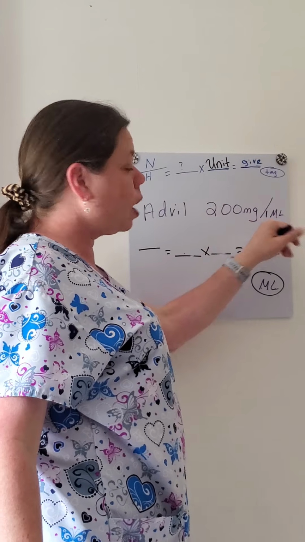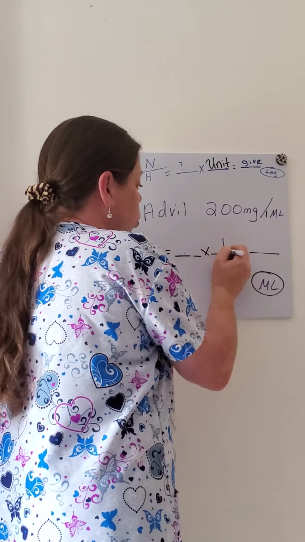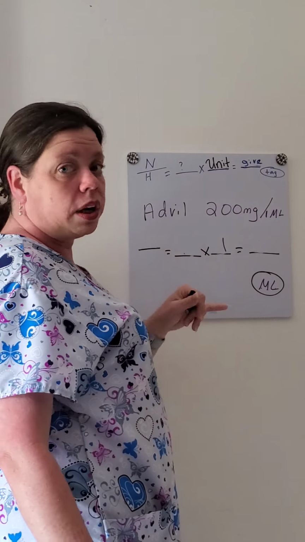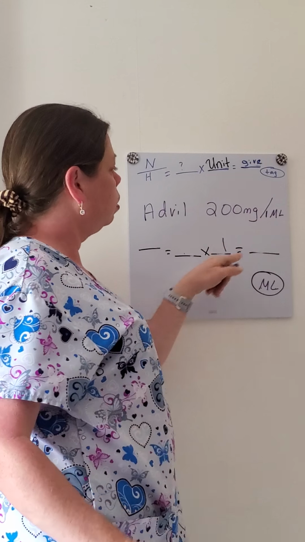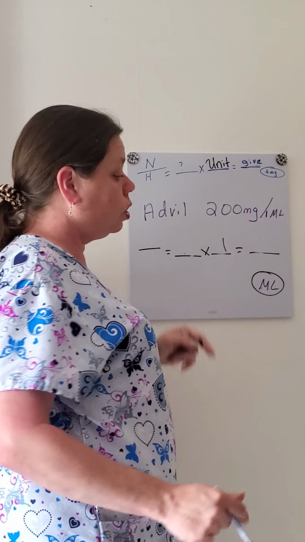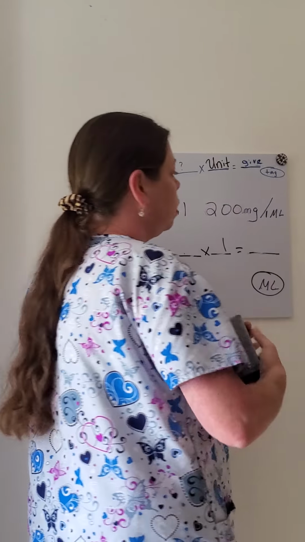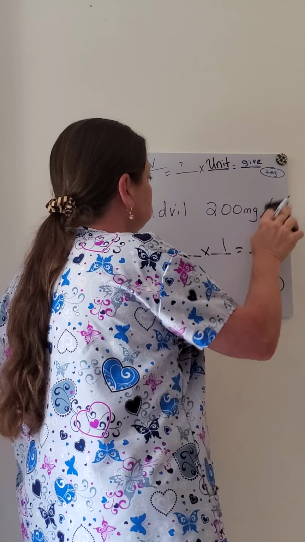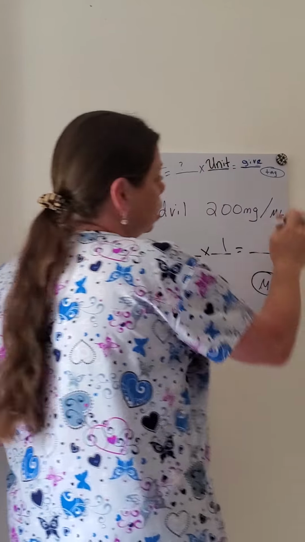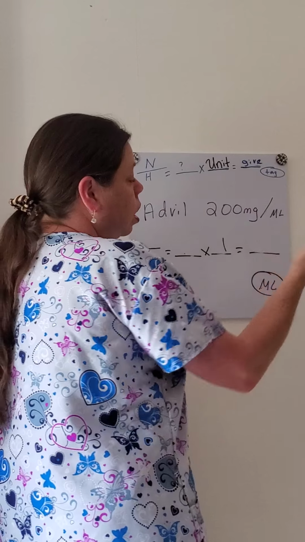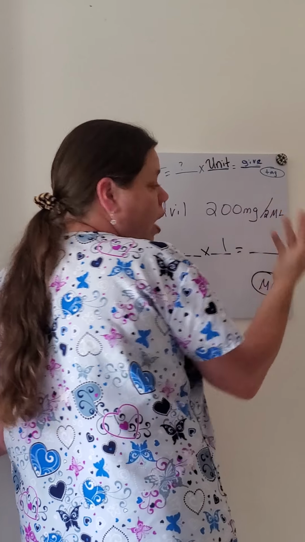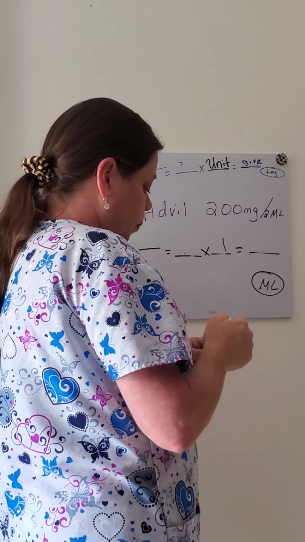It'll always be per ml. And if that's the case, then your unit would be 1, because it's saying for every 1 ml, so that's why it's your unit here. They just don't put the 1 in front of it if it's only a 1. I don't know why. I can't tell you why they do or don't, but that's how it would look. Otherwise, it would have 2 ml or 5 ml or whatever it is.